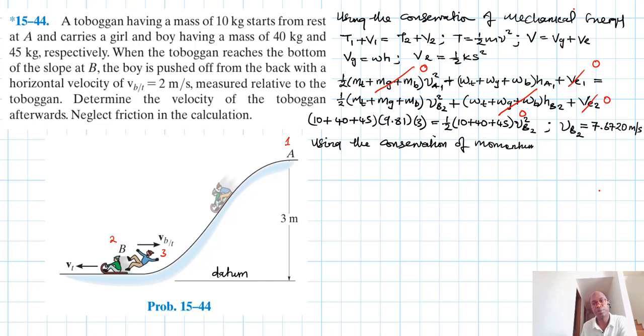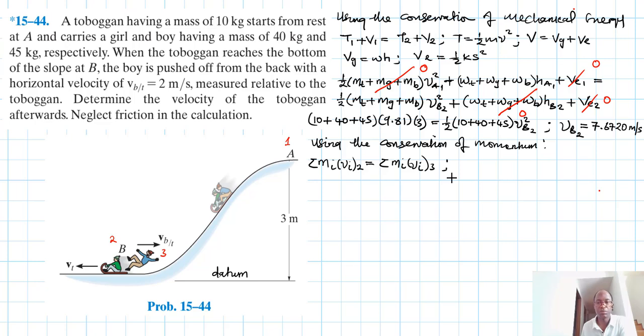So the summation of mi vi in state 2 is just equal to the summation of mi vi in state 3.